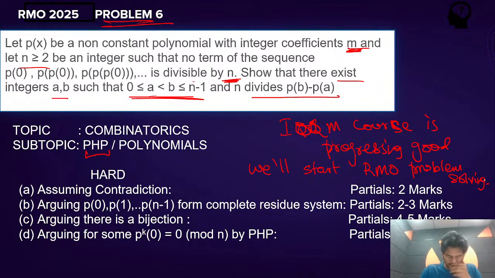Okay, so we'll do that. It'll take time for us to build everything slowly. We have to cover a lot of basic stuff.